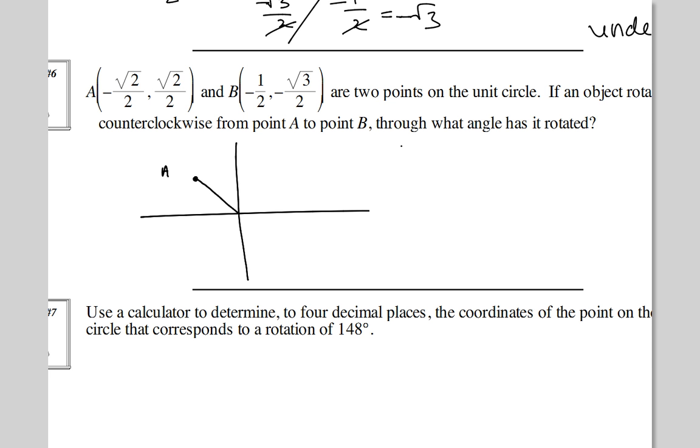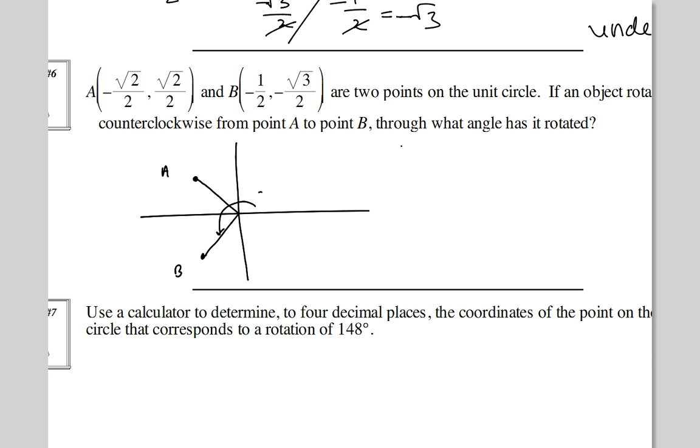Now where's point B, where the x is 1/2? They're both negative, so down in quad 3, where the x is half. Reference angle 60, good, and this is down at 240, right?